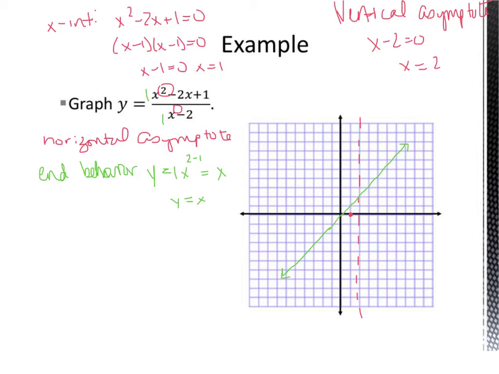So our end behavior is going to go in that same direction. So this one up here is going to go up, and this one over here will go down. And so the question now is just kind of a little more, where is that? So you don't necessarily have to draw that line. If you really just look at it and go, hey, it's a line with positive slope, you know what happens to it. So let's make a table.